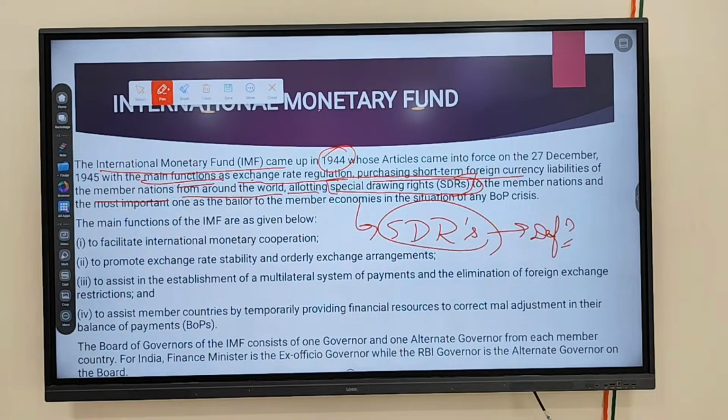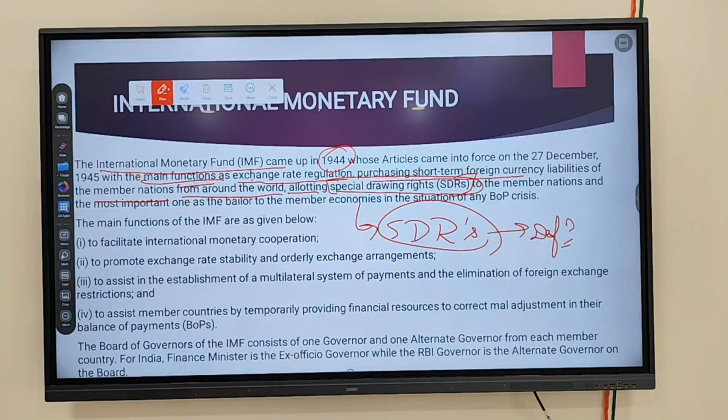SDR is an international reserve asset. Full stop. It is not a currency, but its value is based on a basket of 5 currencies. Basket of 5 currencies.